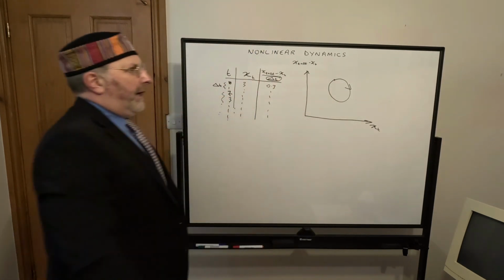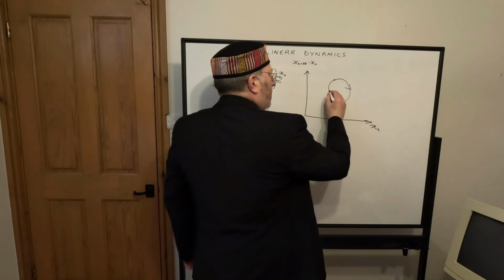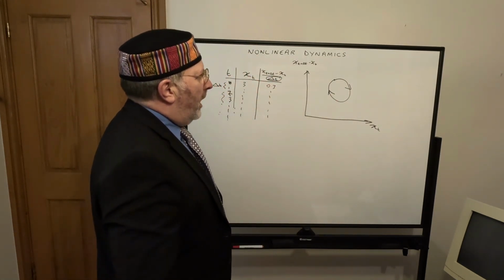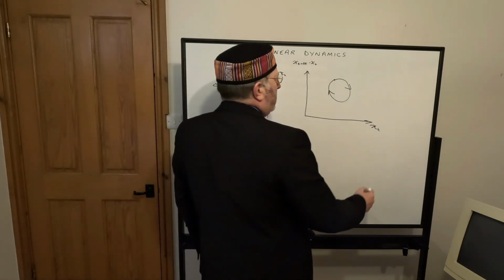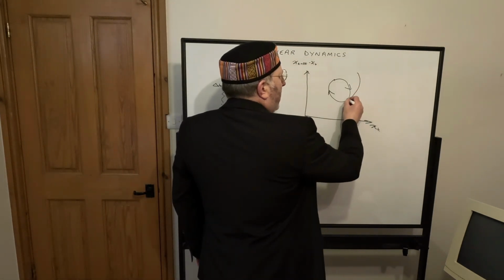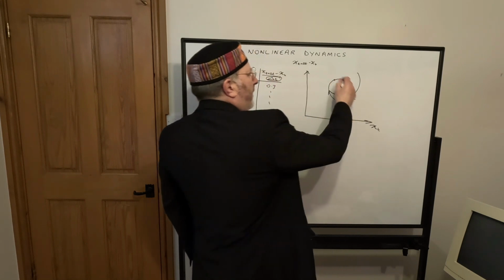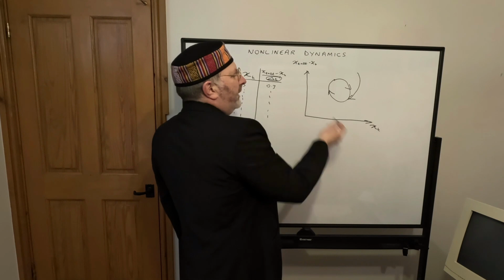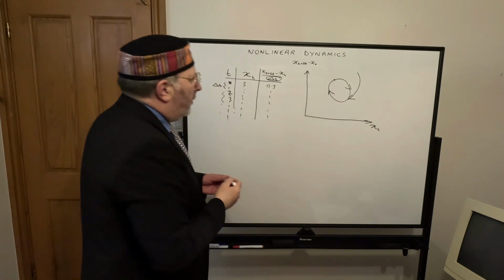And we'll say, oh yes, okay, we've got a cycle. Or, we might find something spiraling in towards that, and we say, this system has a limit cycle that we're moving into, something like that.